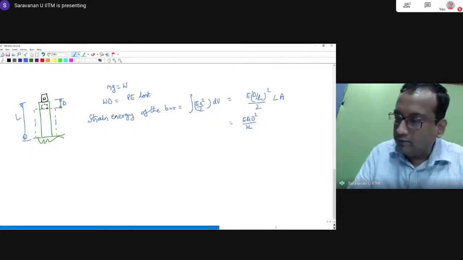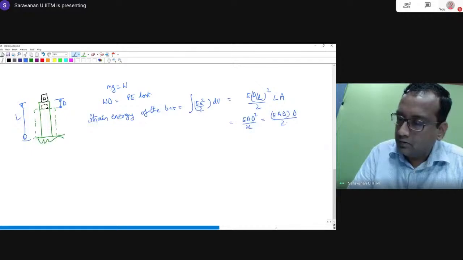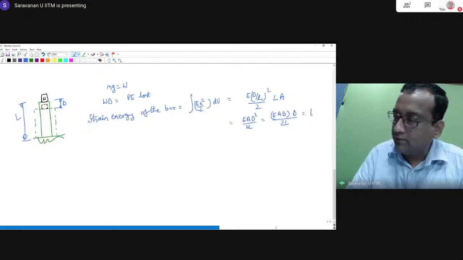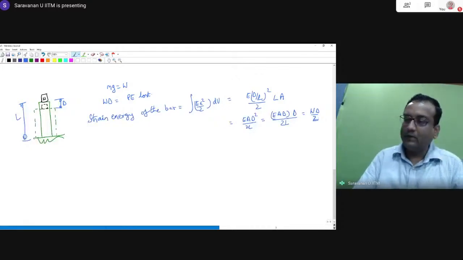Now EA delta into delta by 2L is nothing but W into delta by 2. EA into delta by L is the strain, E into strain is the stress, stress into A is a force, and that force is W. So it will be W delta by 2.